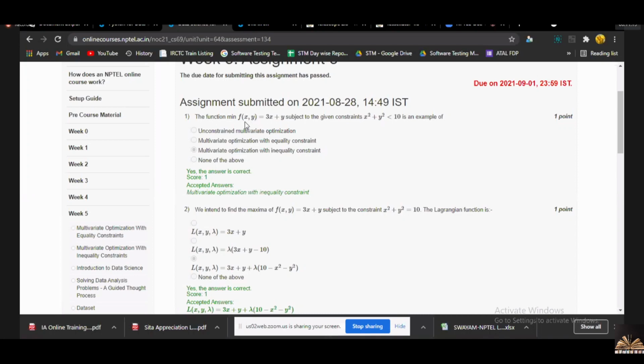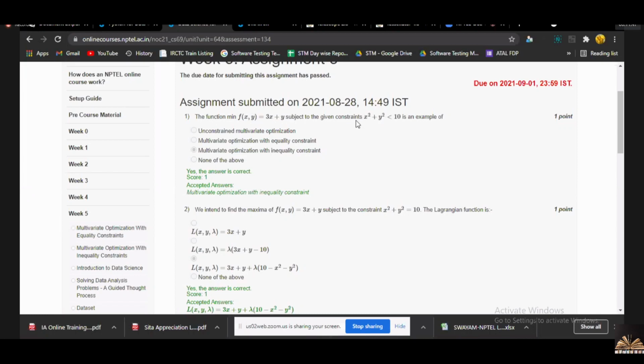When it is one variable, only f of x, it is called univariate. When I say univariate optimization with equality constraint, only one variable is involved in the function. Here x comma y, two variables are given, so this is considered multivariate.